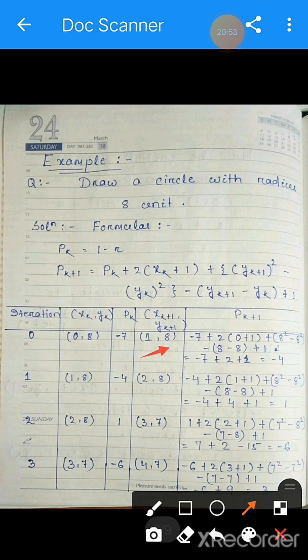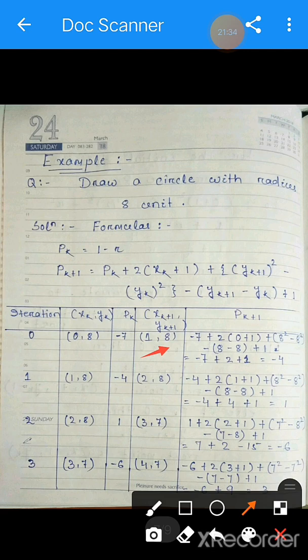The pk plus 1 formula is pk, where pk is minus 7, then plus 2 into xk plus 1. 2 into xk value 0 plus 1, plus yk plus 1 whole square minus yk whole square, where yk value is 8, minus yk plus 1 minus yk, which is 8 minus 8.